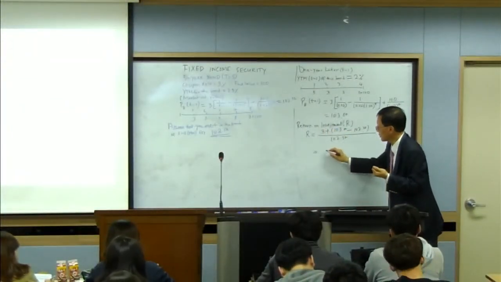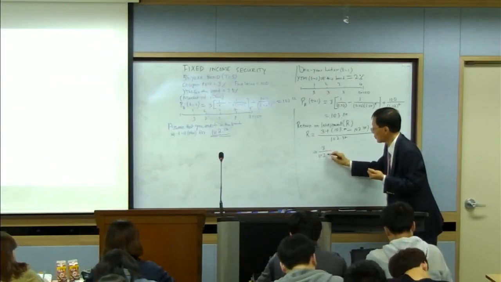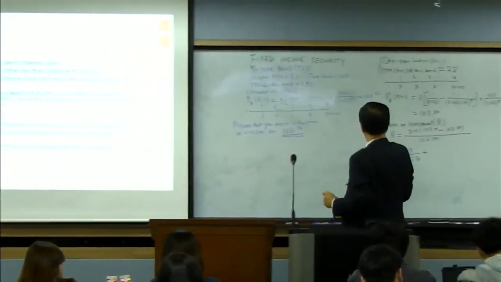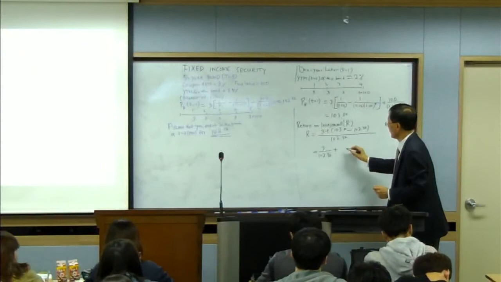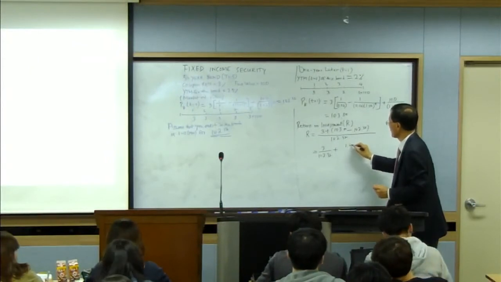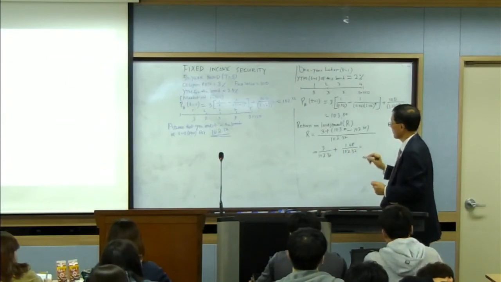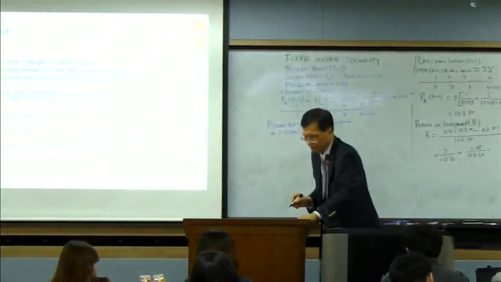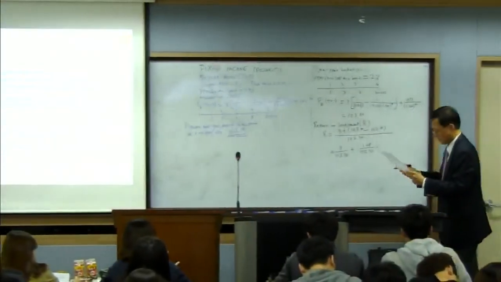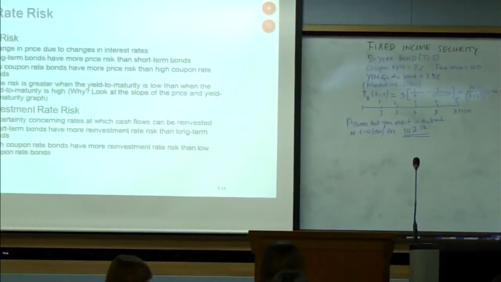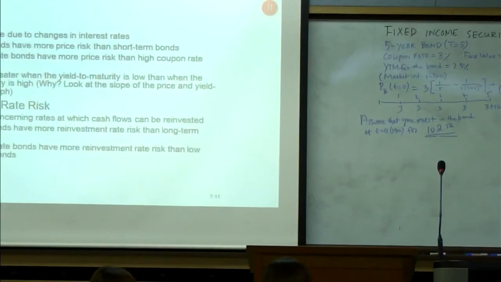So coupon yield 3 divided by 102.32 plus the capital gains, which is, if I'm not mistaken, equal to 2.93% plus 1.45%.